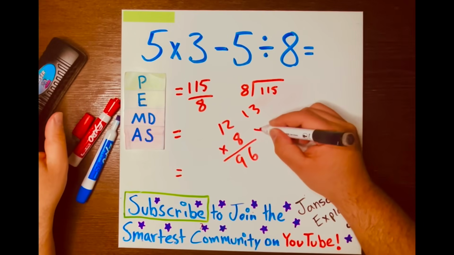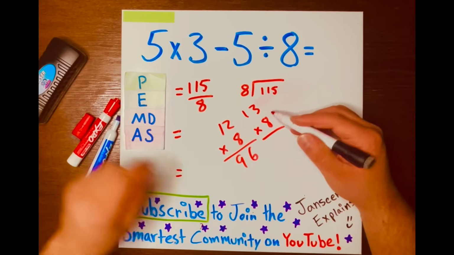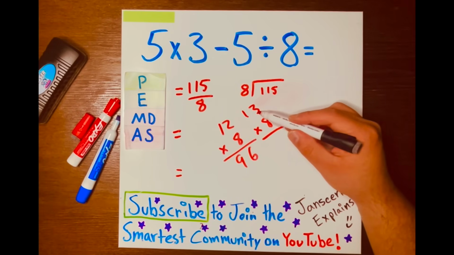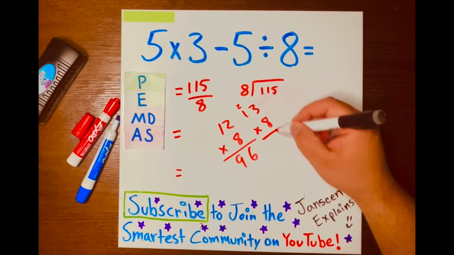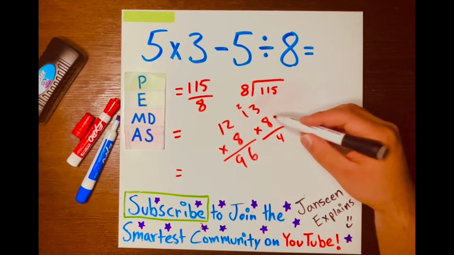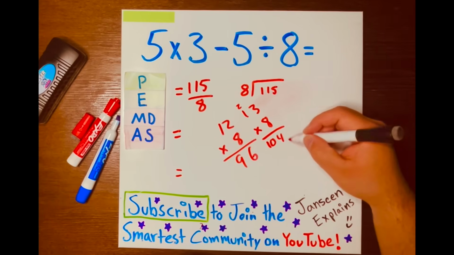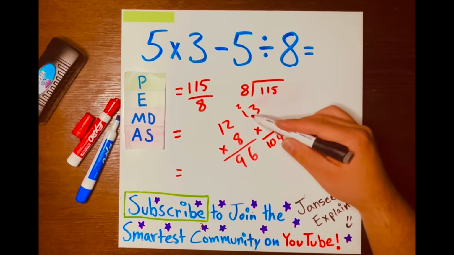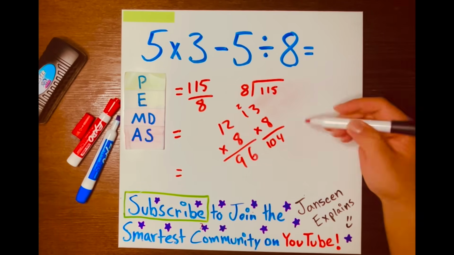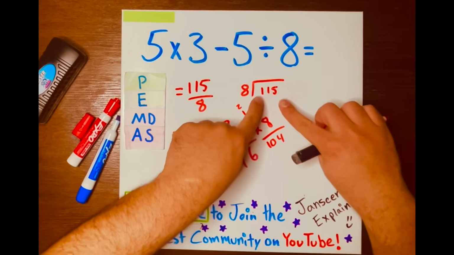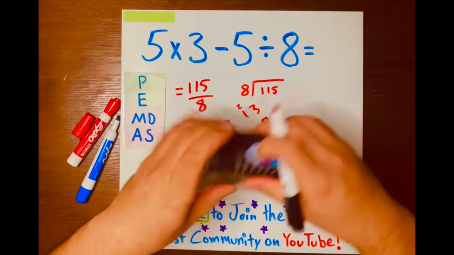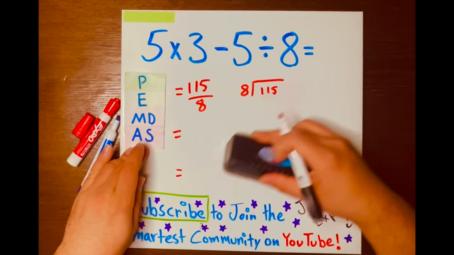And 13 times 8. 8 times 3 is 24. 8 times 1 is 8 plus 2 is 10, so 104. So it's not close enough to 115. Let's try 14 times 8.